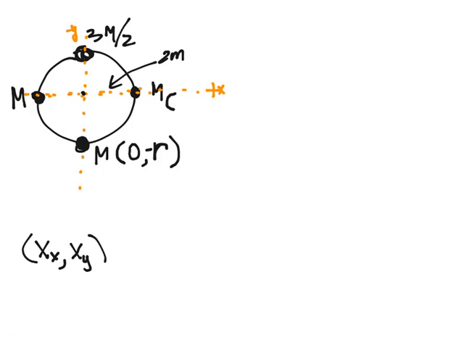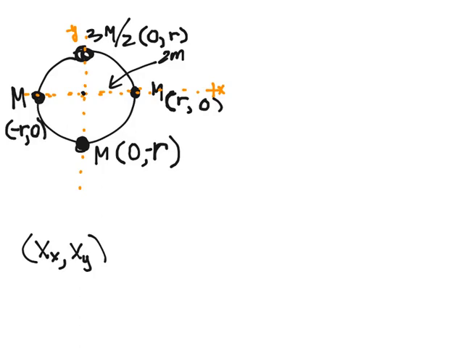Now my second mass, right here, has an x position of positive r and a y position of 0. The top mass has an x position of 0 and a y position of positive r, and then this fourth mass has an x position of negative r and a y position of 0.